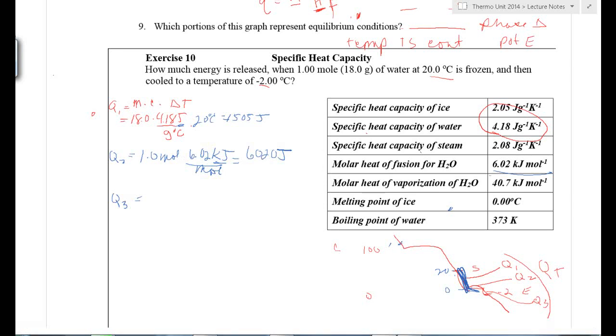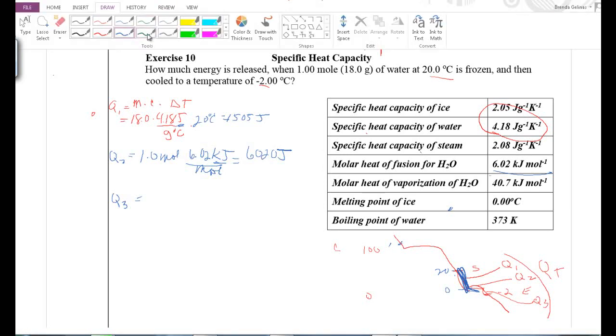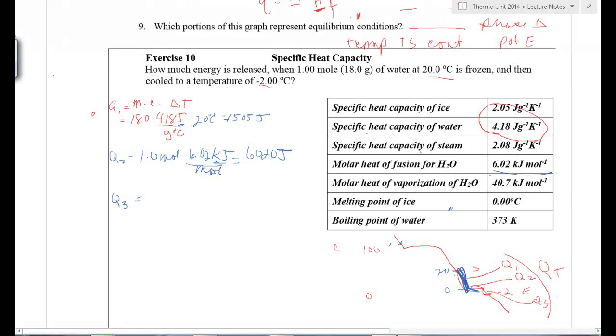Alright, then I have Q3. I'll make it green. Here I'm talking about this little area here where I go from 0 down to -2. Okay? So I'm changing temperature, so I want, again, M C change in T. My mass is 18.0 grams. Now look here. Specific heat of ice is different than the specific heat of water. And that's true for a lot of substances.